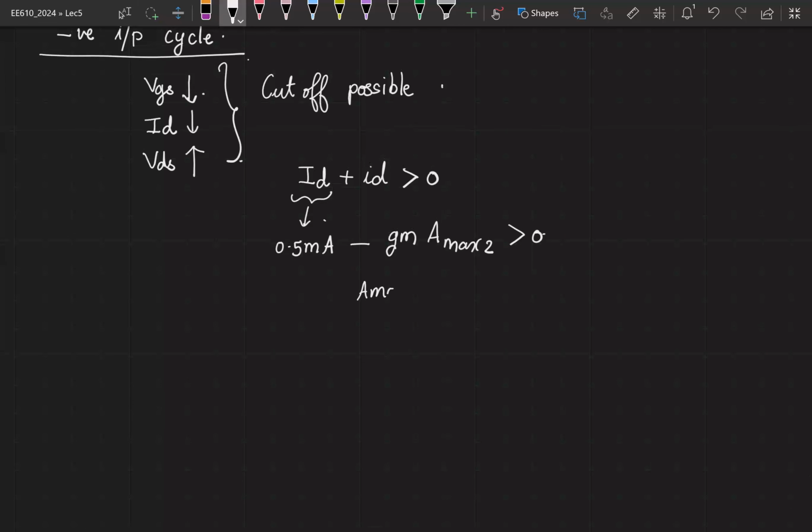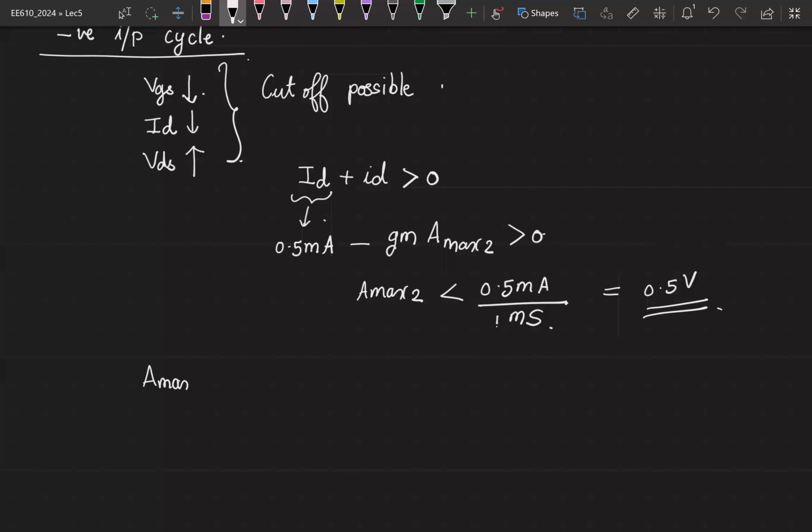Therefore you have the condition A max 2 has to be lesser than 0.5 milliampere divided by, what was your GM value? 1 millisiemens. Right? So this gives you 0.5 volt. So your absolute swing limit has to be the minimum value of A max 1 comma A max 2, and how much is that? 0.5. Right?